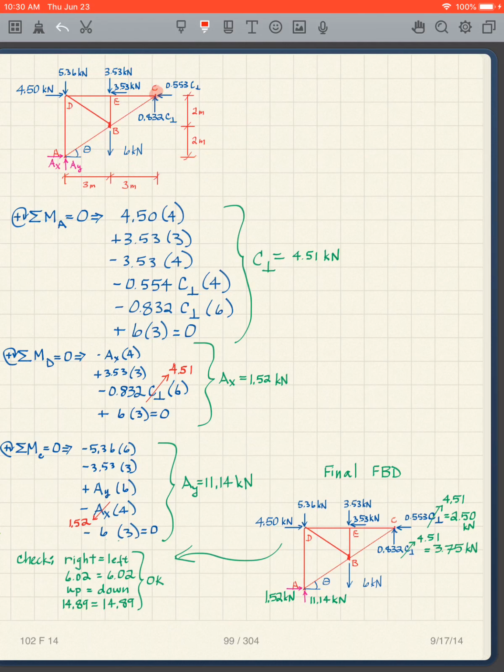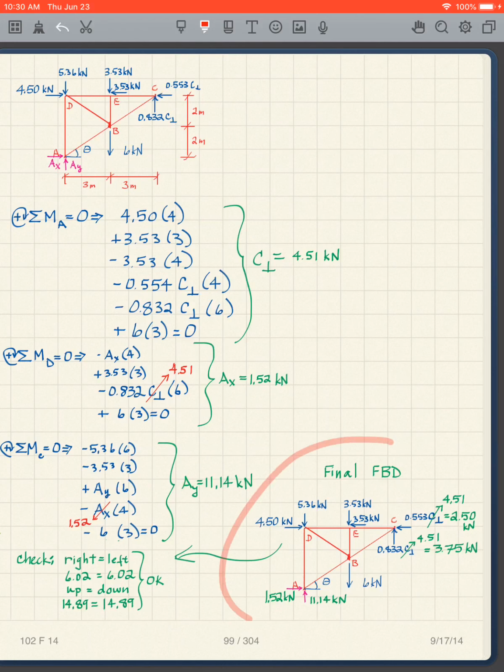Clockwise, so it's positive. All those go into there. And I ask, okay, what do I know? I know I found AX, it's 1.52. So I substitute that 1.52 into there, and I get AY is 11.14.